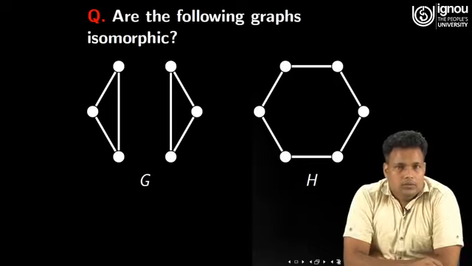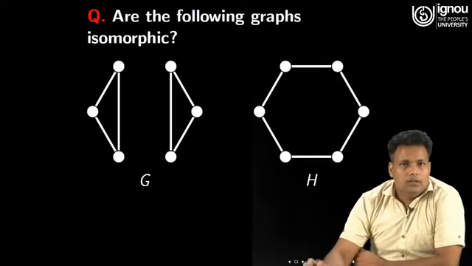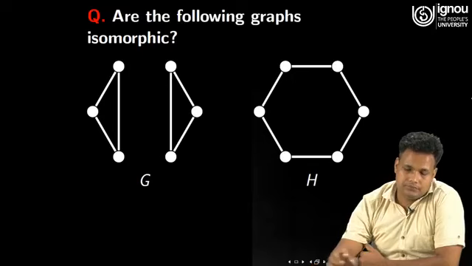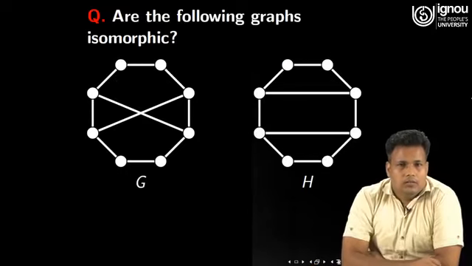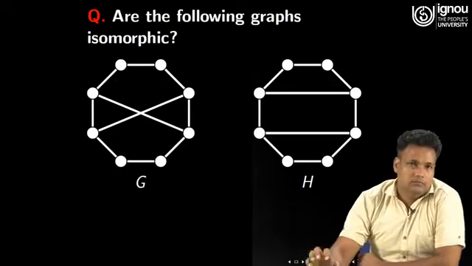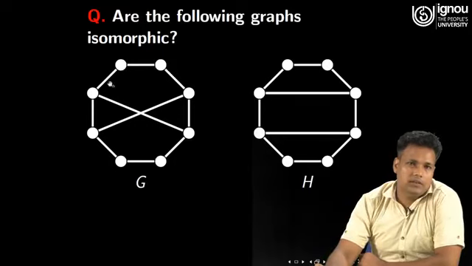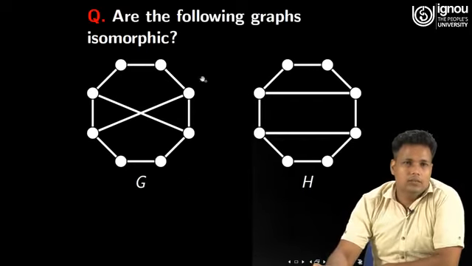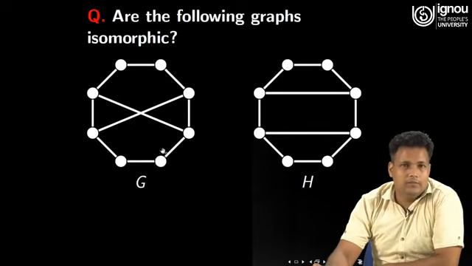Let's look at now this question. Are the following graphs isomorphic? It is clear that G is disconnected and H is connected, and hence G and H are not isomorphic. Now look at these two graphs. You can see that both G and H have the same number of vertices, that is, both have 8 vertices, and both have the same number of edges as well, right.